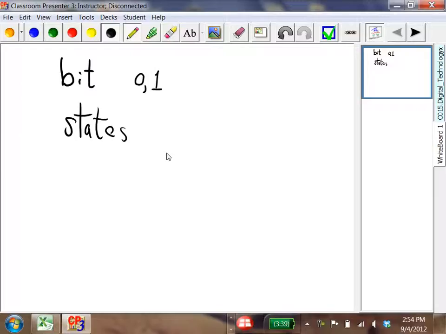A code, exactly. You just assign a value to something. So if you only have one bit, you only have two states, right?